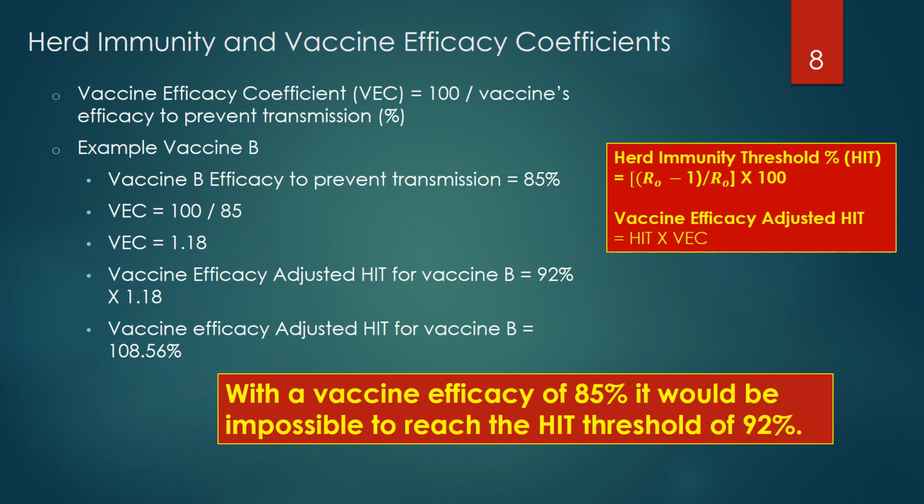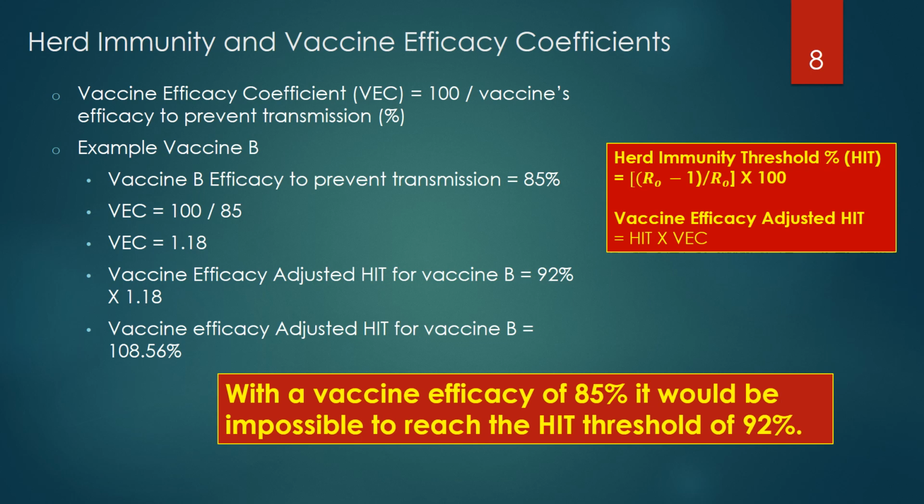If the community is using a different COVID vaccine B that has a vaccine efficacy to prevent transmission of 85%, then the VEC for vaccine B would be 100 divided by 85, which equals 1.18. The vaccine efficacy-adjusted HIT for vaccine B would be 92% times the VEC for vaccine B, or 1.18, which equals 108.56%.